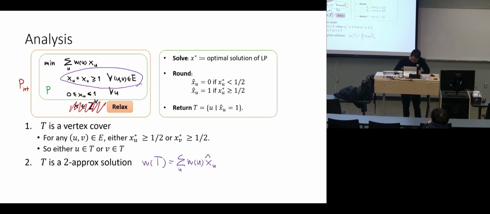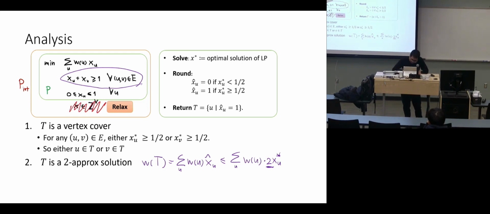But you know that this thing is just at most 2 times x star u. Why do we get this factor of 2? Because when you round down, then x hat is even smaller than x star. But when you round up, you just round it up by a factor of 2. So you get this factor 2 here.